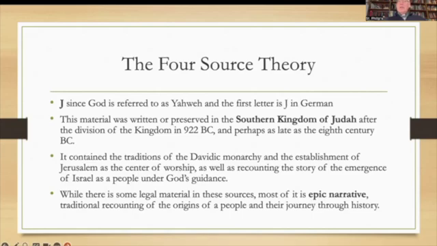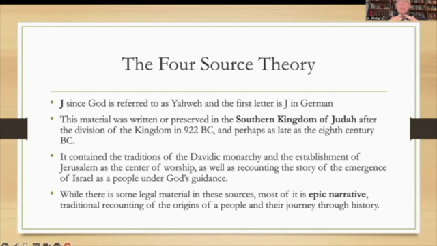So this is someone who had a close kind of relationship to that period of the monarchy in Hebrew history that we studied about last month. This source contains the traditions of the Davidic monarchy.